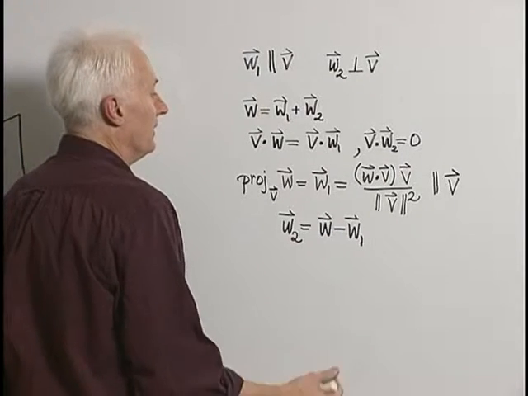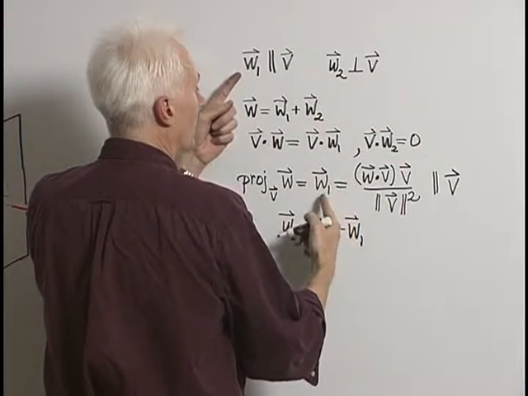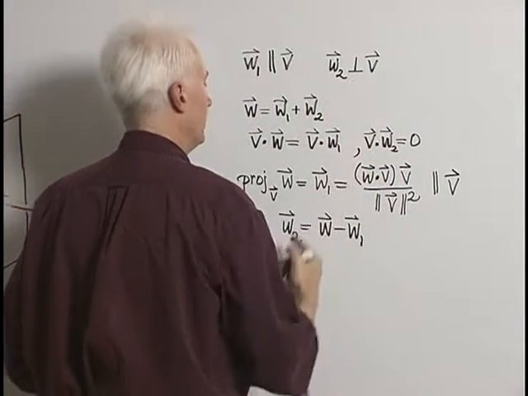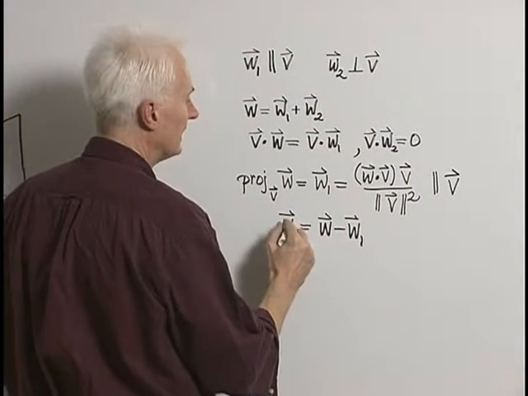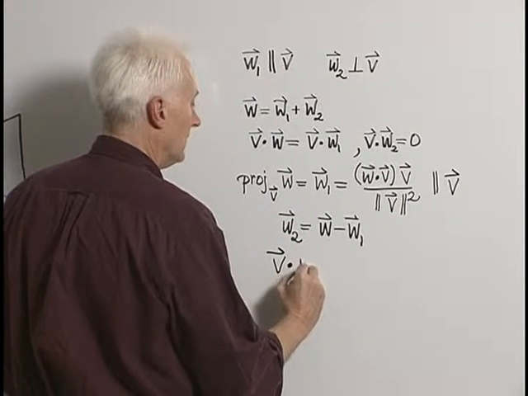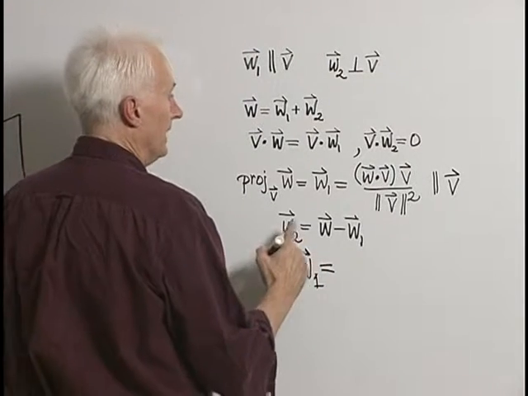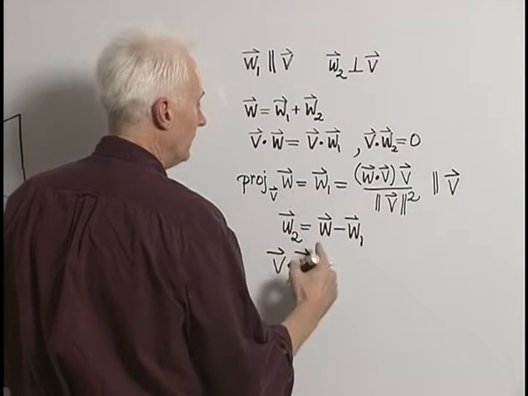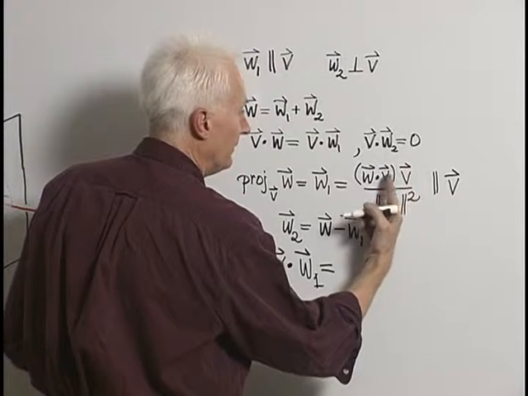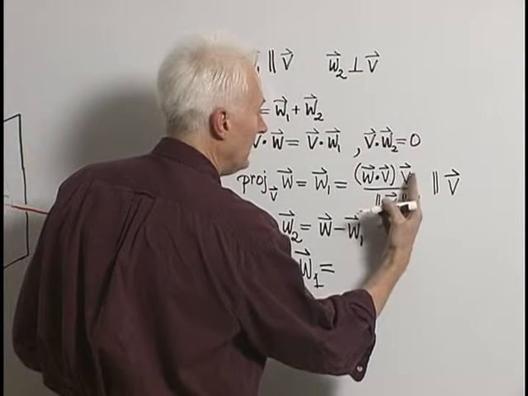Now let's notice that these things that we've stated right here are true. Well, the w1 by definition is already parallel to v, so what about w2 being perpendicular to v? Well, let's calculate v dot w1 and see what we get. If I dot v with w1, well, notice, dotting the vector v with this expression, this is a scalar times v dot v.